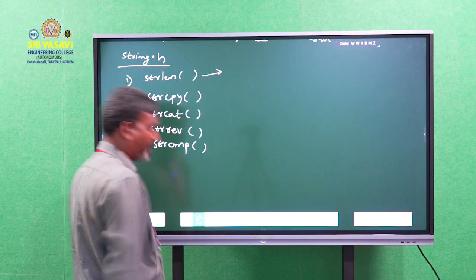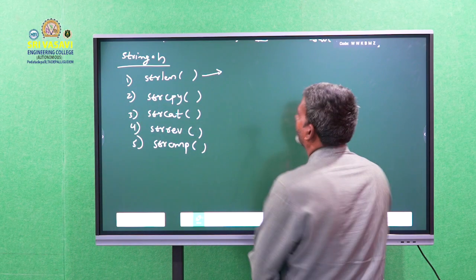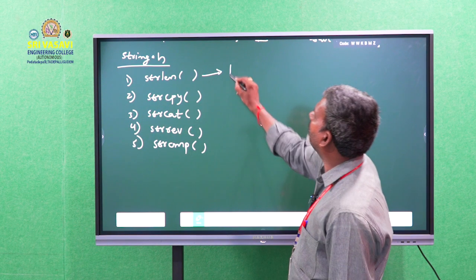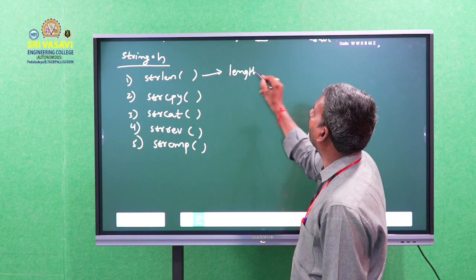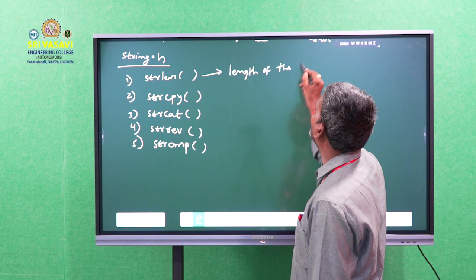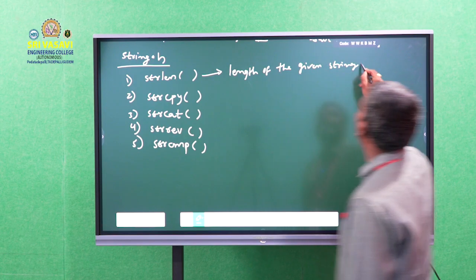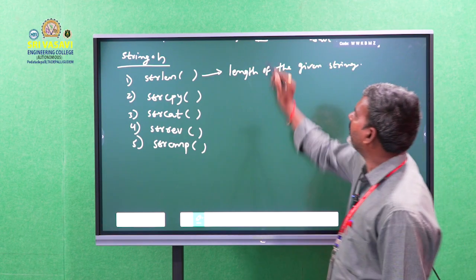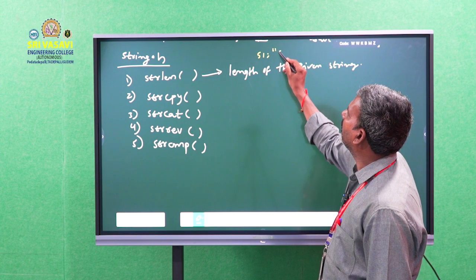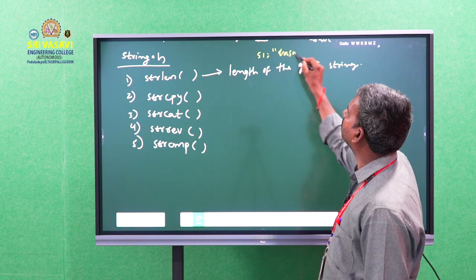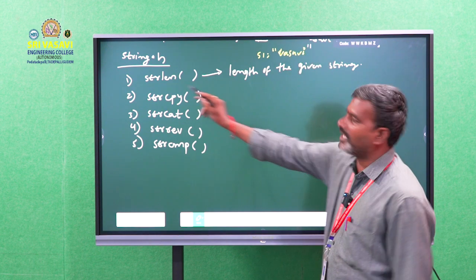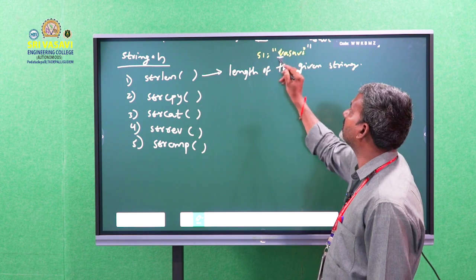strlen represents the length of the given string. Suppose we take S1 as Vasavi. strlen gives the length of the given string S1.